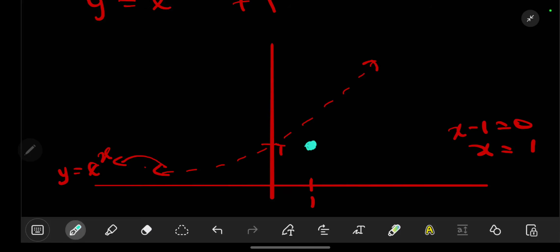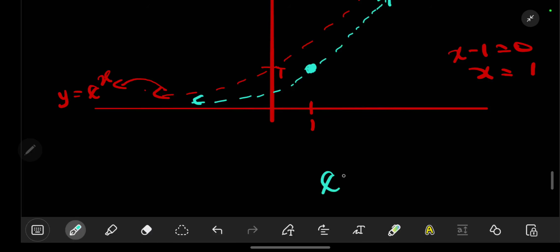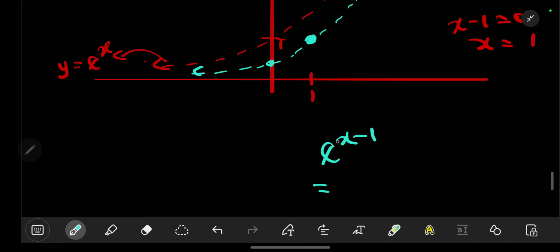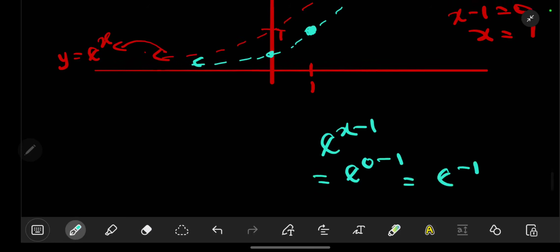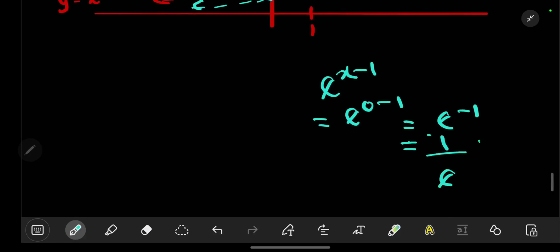When it moves there, it is still going to be drawn the same way, like that. Now we cannot approximate what the value is here, because at x equals 0, you are going to have e to the power of negative 1, which is the same as 1 over e, and e is 2.72.